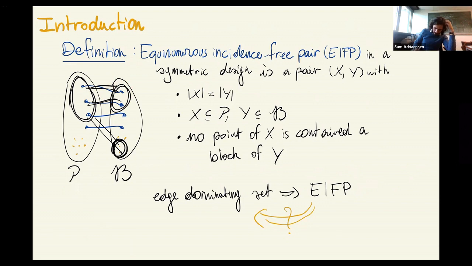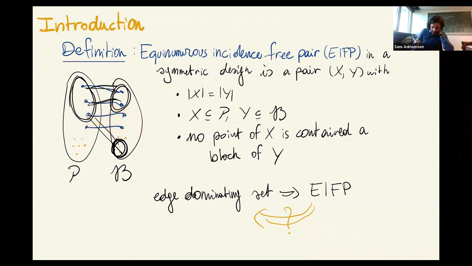Well, if you look at the incidence graph of a design, it satisfies some nice expanding properties. And if you take two vertices in one of the bipartition classes, so let's say 2 points, then you know exactly how many common neighbors they have. This is exactly equal to lambda.